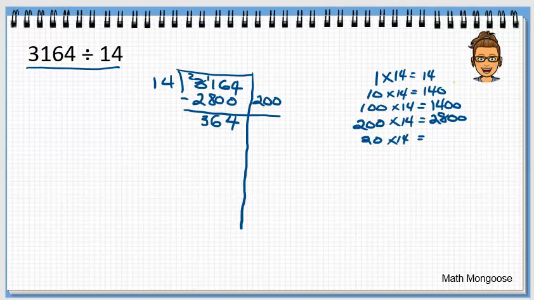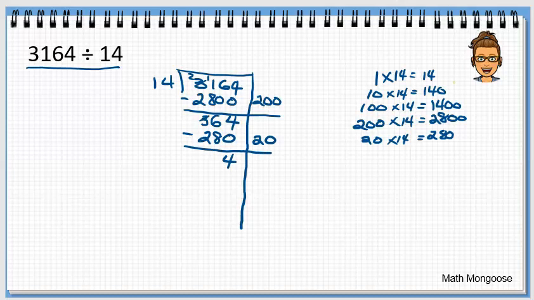So 2 times 140 is going to give us 280. Is that close? Oh, that's pretty close. So let's put 20. We're taking out 20 groups. So we're taking out 280.